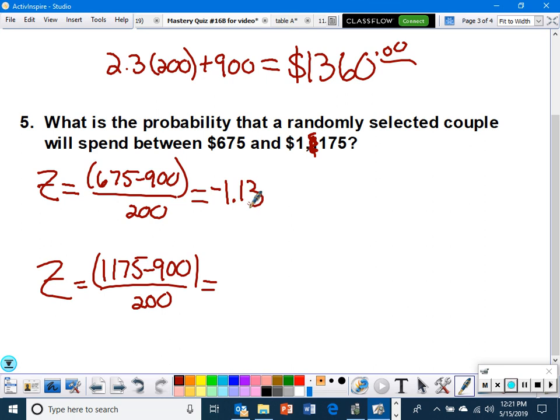The second z-score is, I'm going to round it, 1.38. Okay, I got to round to 2 decimal places because I'm going to use the table. Okay, just double checking to make sure I did it right. Yep, looks good.